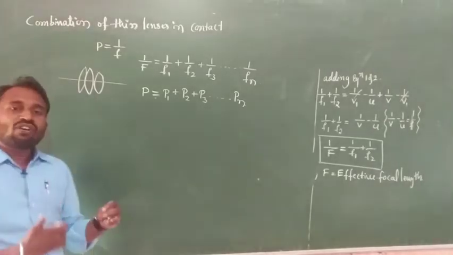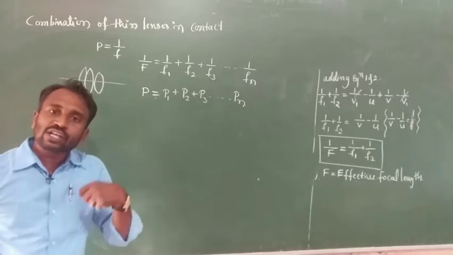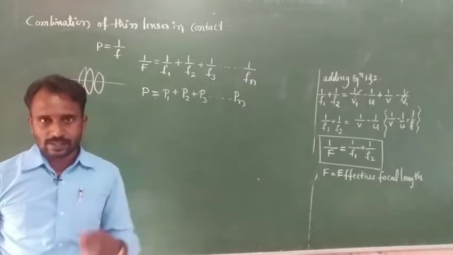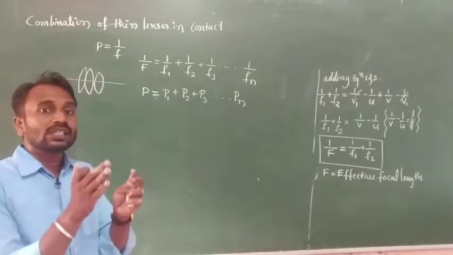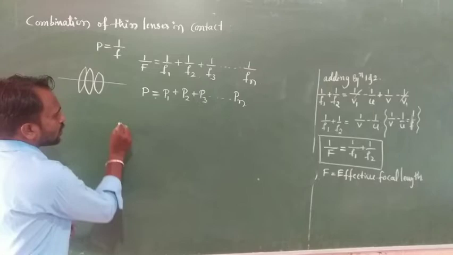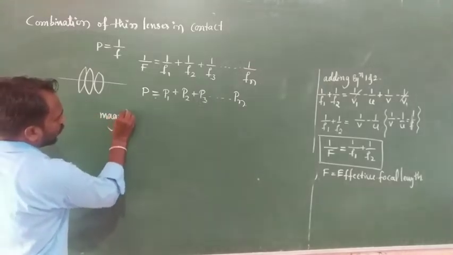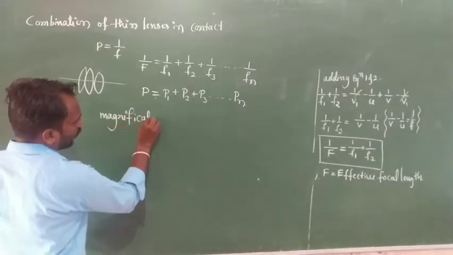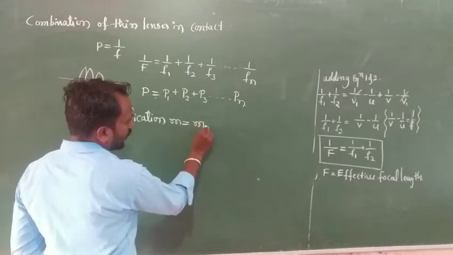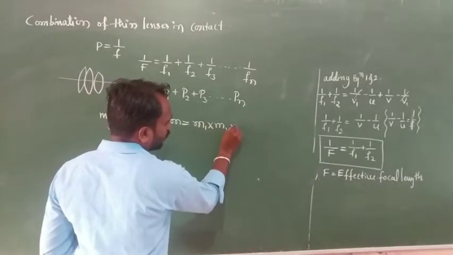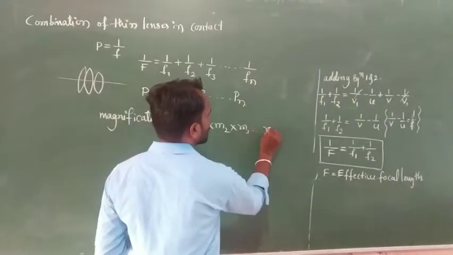When the number of lenses increases, the magnification of the image also increases. For this reason, the magnification m is equal to m1 into m2 into m3, and if we consider n lenses, so on up to mn.